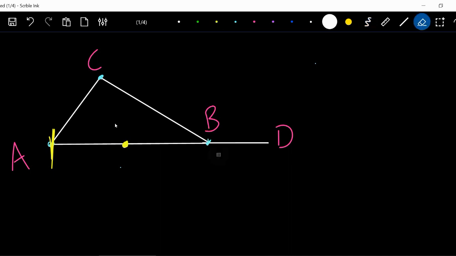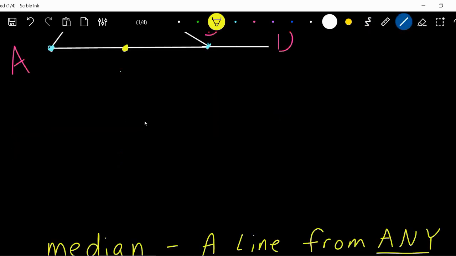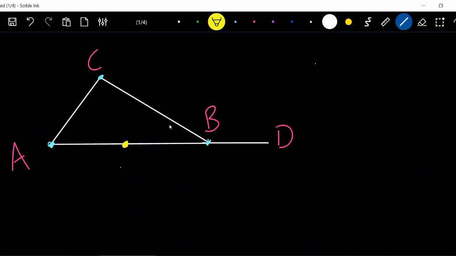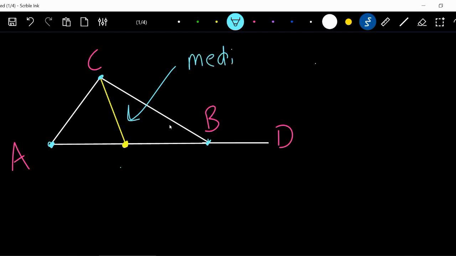I didn't measure it. I don't know if it's the midpoint, I'm just putting it there, guessing. You would actually measure it out and figure out the midpoint, but I'm not going to take the time to do that right now. The median is a line from any vertex to the opposite midpoint. So this is the vertex, and here's the opposite midpoint. This line right there is called the median.